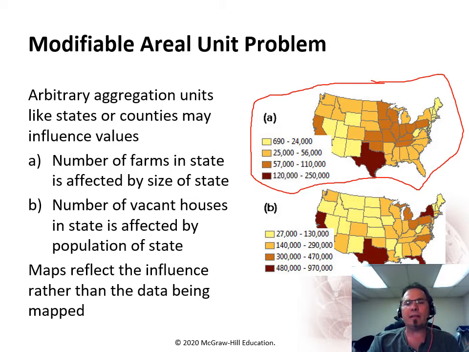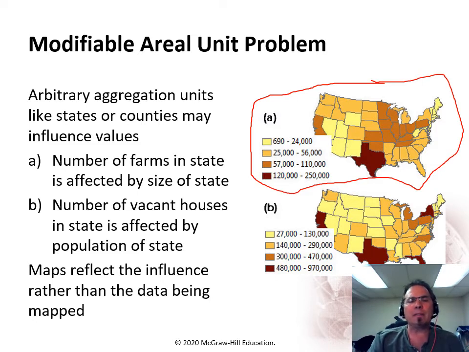You can see that Texas by far has the most farms. Why is that? Well, it's the largest state, so it has the most room to put the most farms. One of the things with that is it doesn't really show us anything. It's the expected result.